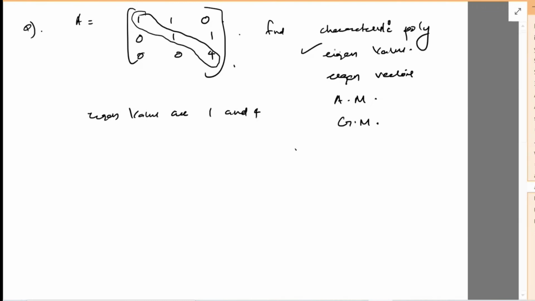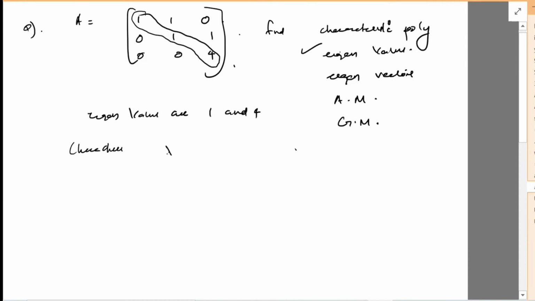So we got the eigenvalues without finding the characteristic polynomial. In the question, we also need to find the characteristic polynomial. If we know the eigenvalues are 1 and 4, then what will be the characteristic polynomial? Look at the diagonal entries. 1 is repeating two times, and 4 is repeating only one time.